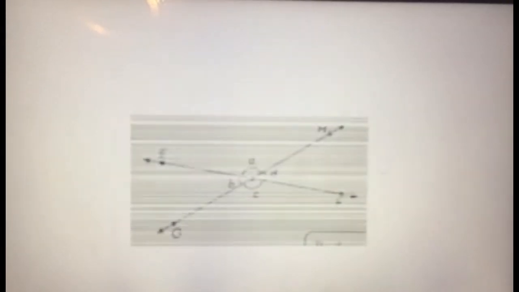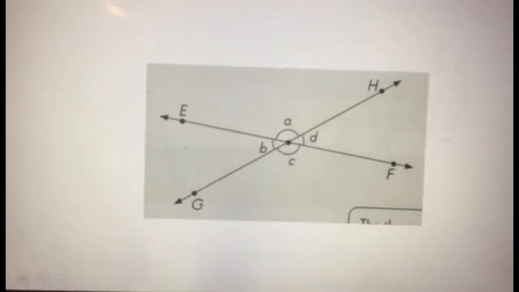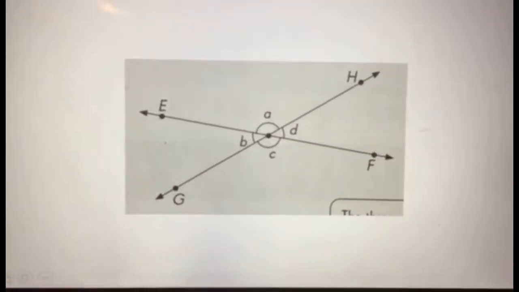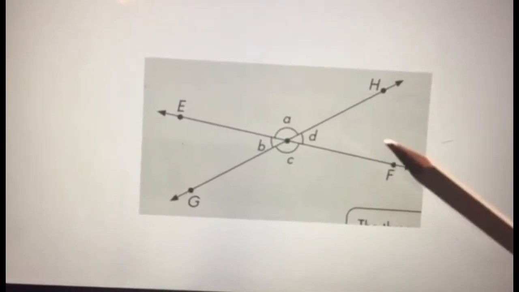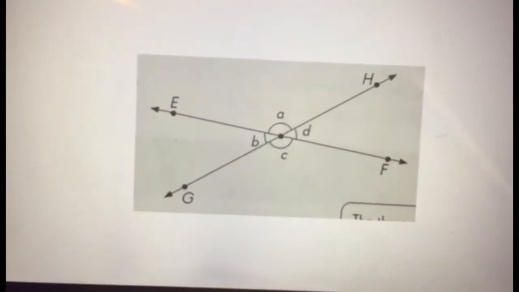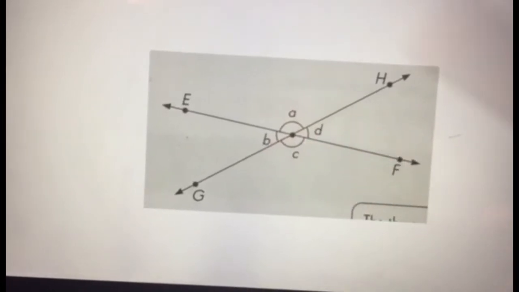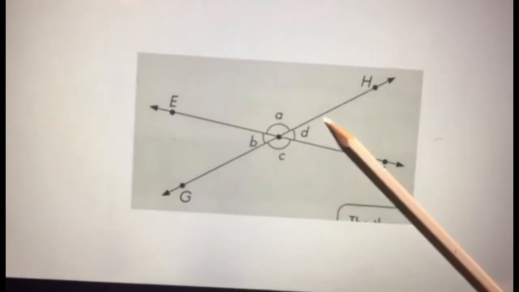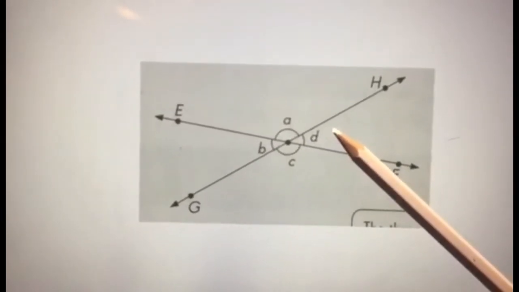Well, it says, actually, not the way angles are placed, but how they're formed. In this figure, EF and GH are two straight lines. And they form four angles, A, B, C, D. And angles B and D are called vertical angles.